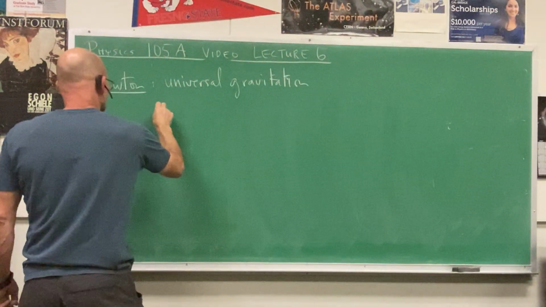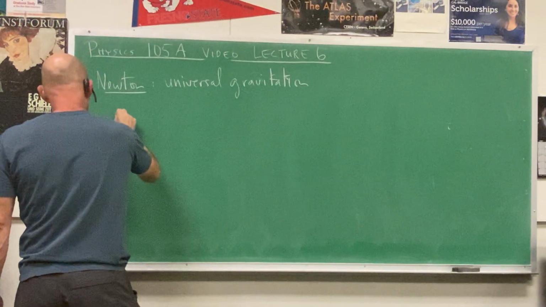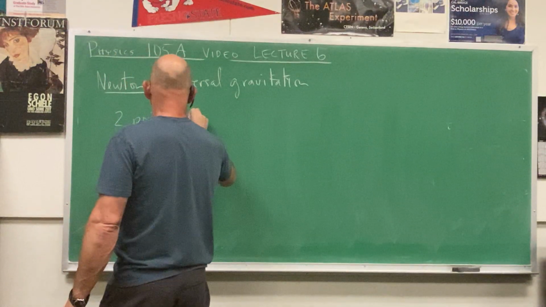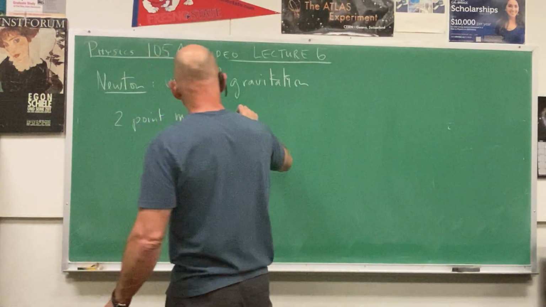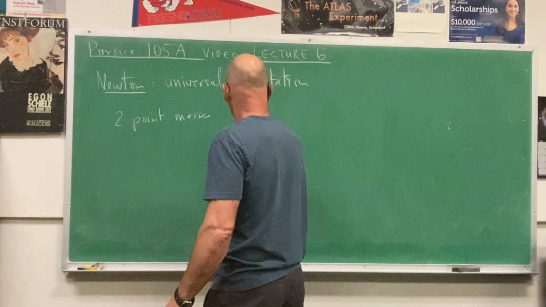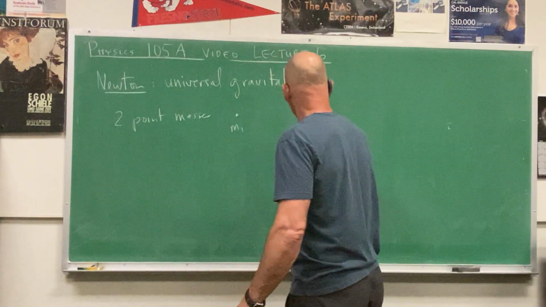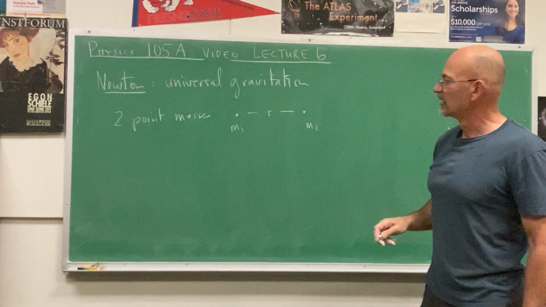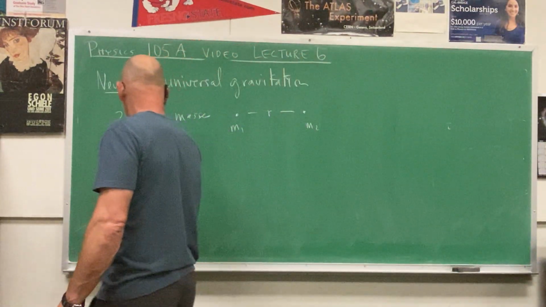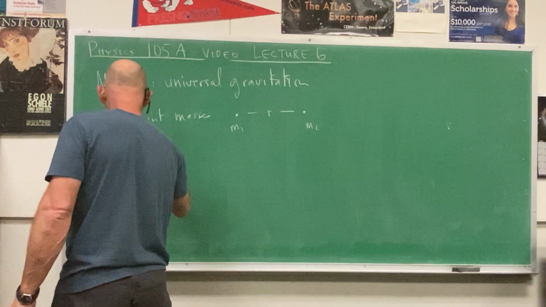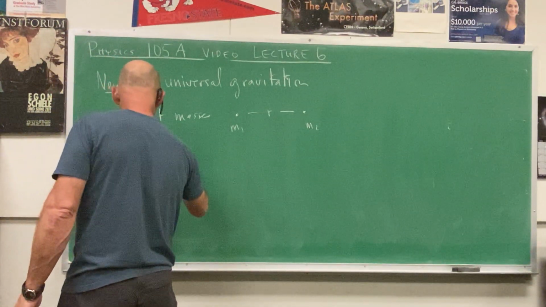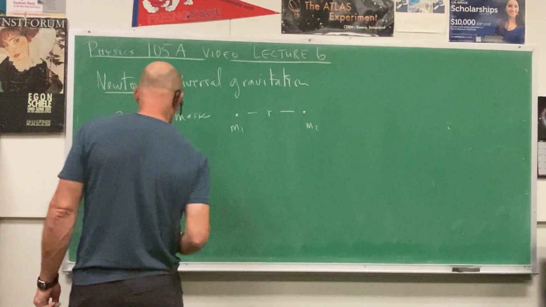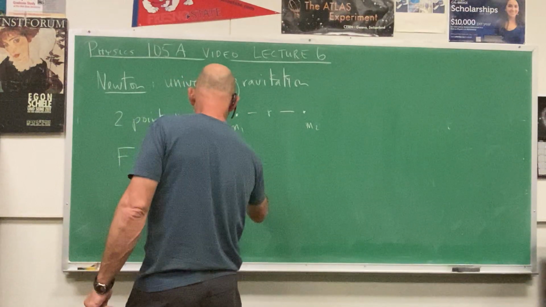and we would say that the force, so we have 2 point masses, M1, M2 separated by a distance r, and the force magnitude is some universal constant times the product of the 2 masses divided by r squared, and I'll just write attractive.